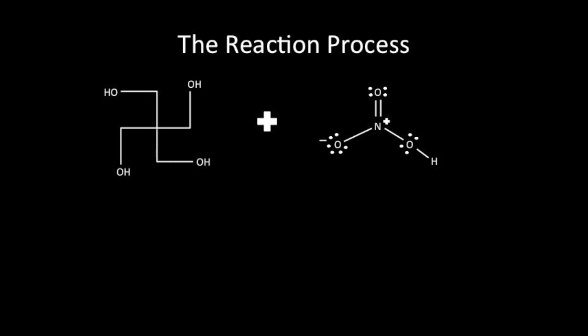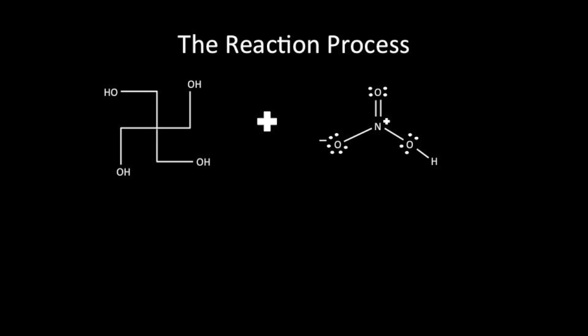The negative dipole from the hydroxide group in pentaerythritol is going to pull on that hydrogen. The bond between the oxygen and the hydrogen in nitric acid is going to be lengthened and weakened as the bond between the oxygen in pentaerythritol forms with the hydrogen in nitric acid. These processes happen simultaneously.